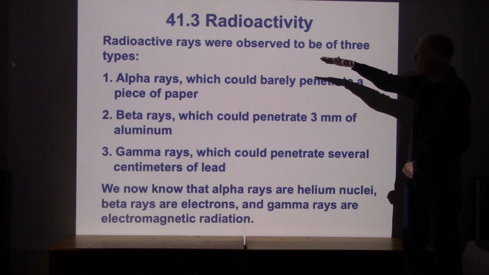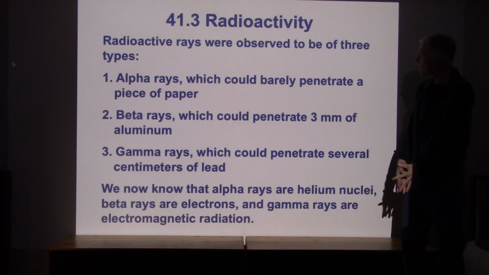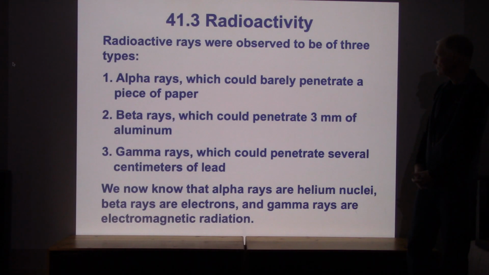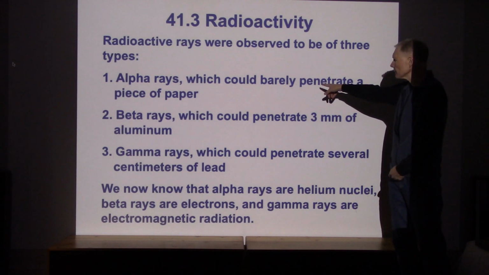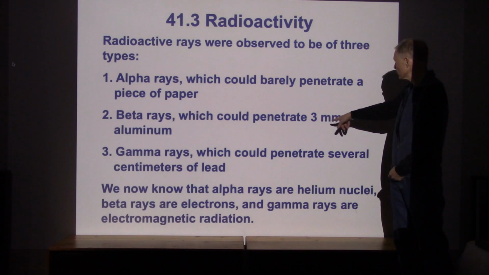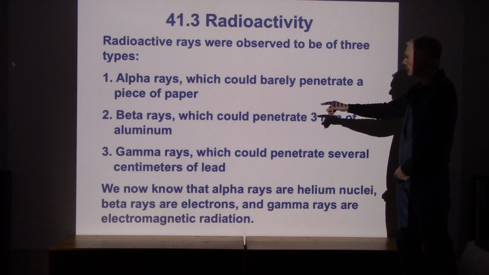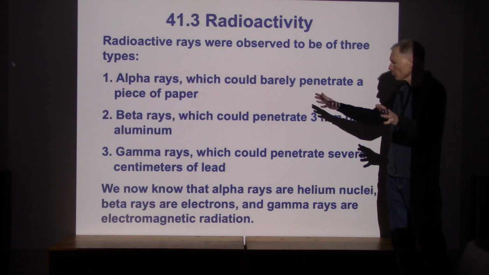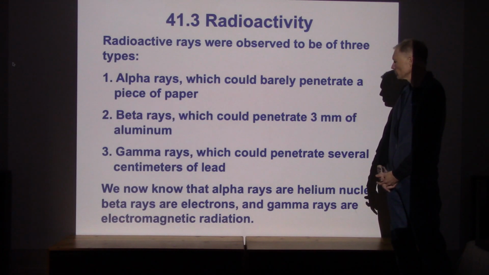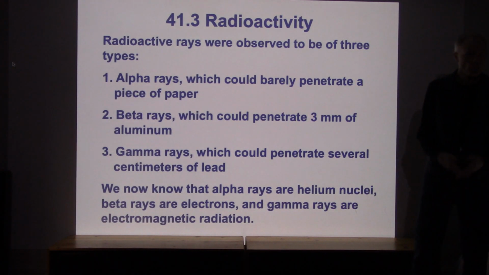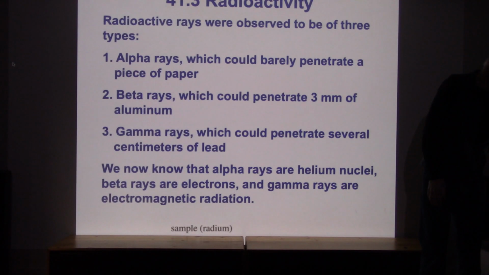Historically, it was identified that there were three different types of radioactive decay. Some could barely penetrate a piece of paper, some could get through a small amount of aluminum, others could go through a bunch of lead. Those got named alpha, beta, and gamma.